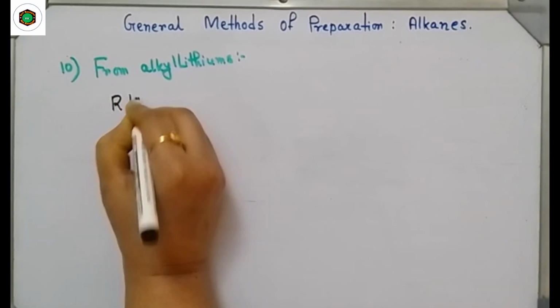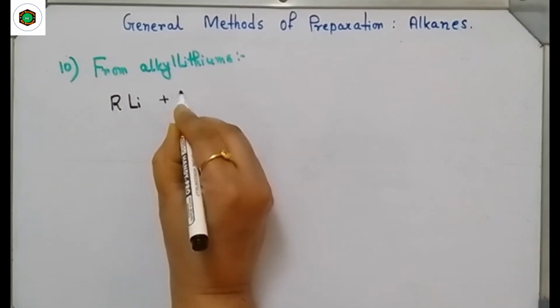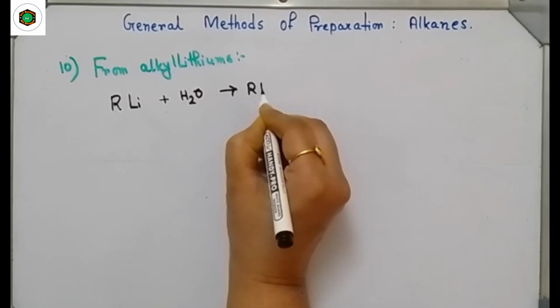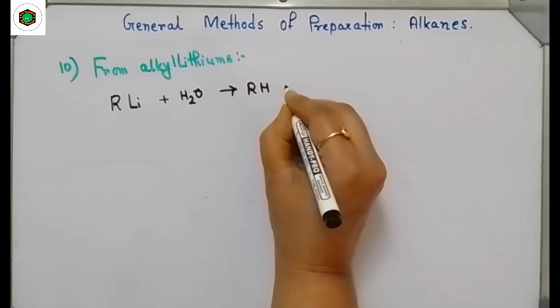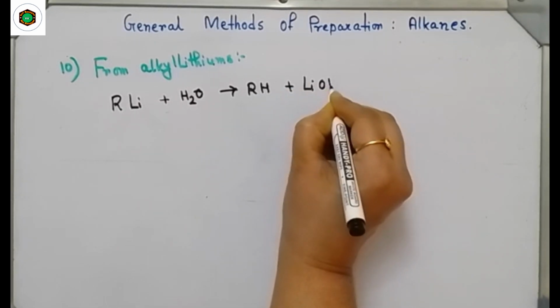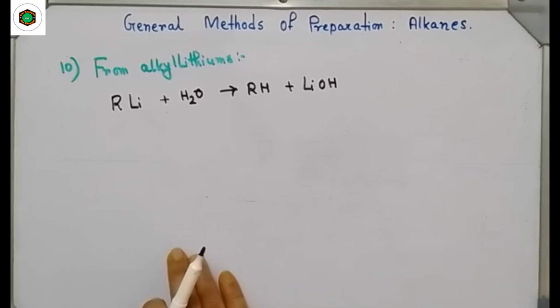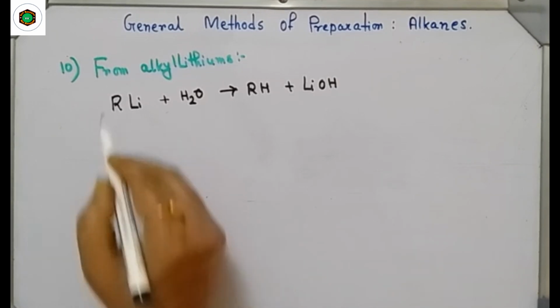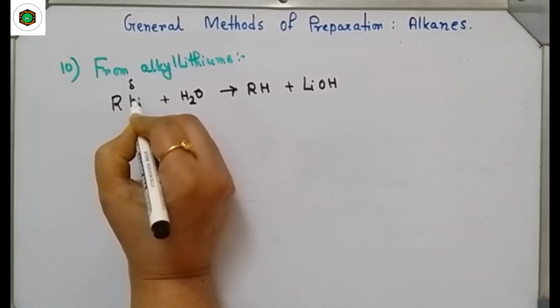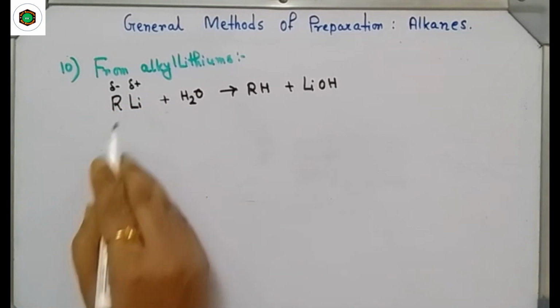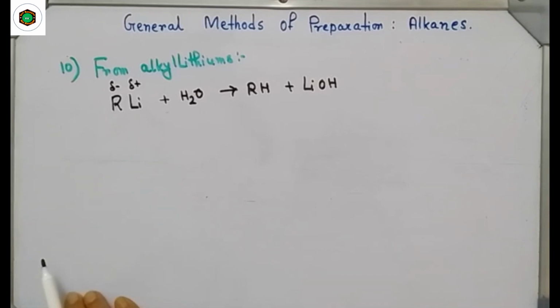Suppose RLi is an alkyl lithium. If you treat it with water, what will happen? You will get alkane, RH, and lithium hydroxide. The carbon-lithium bond has 60% polar character. So here we can write this is electropositive, so delta plus, and this is electronegative, so this is delta minus.